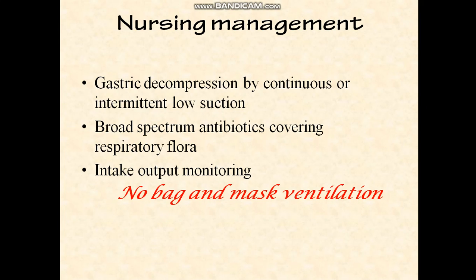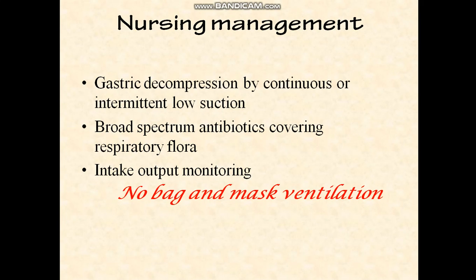സോ നോട്ടിൽ ഈ ഒരു ക്വസ്റ്റ്യൻ അതേപോലെ തന്നെ എഴുതിയിടുക. Why is bag and mask ventilation to be avoided in a child with tracheoesophageal fistula? അതിൻ്റെ ഉത്തരമായിട്ട് എഴുതിയിടുക. When the air is forcefully inserted through a bag and mask ventilation, the air is also forced into the stomach through the fistula.